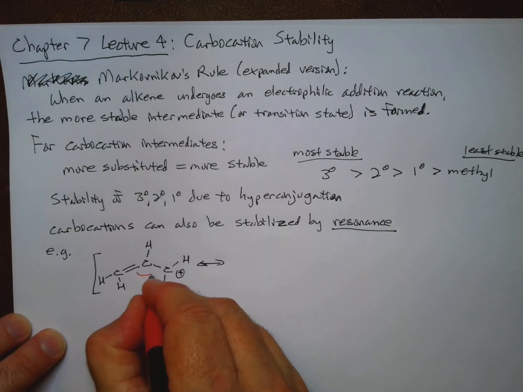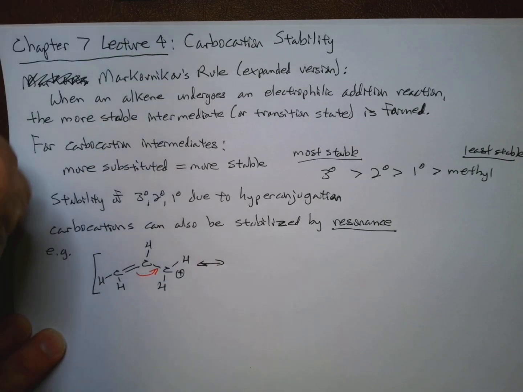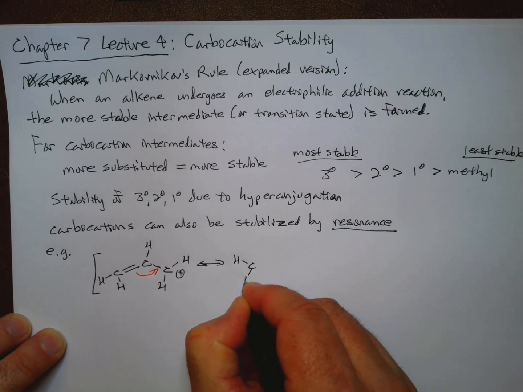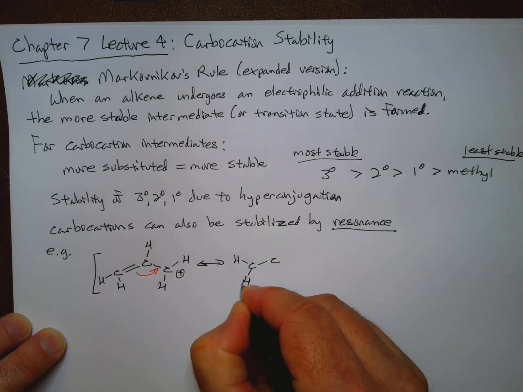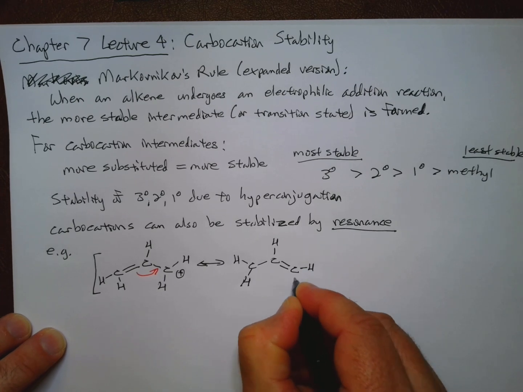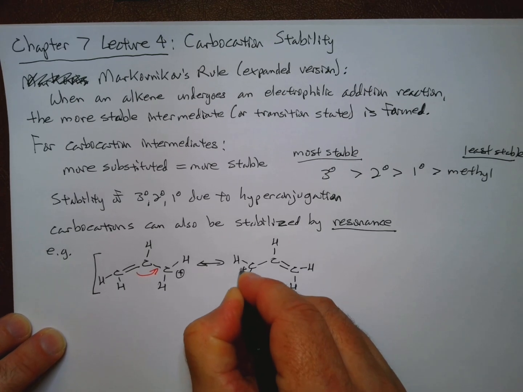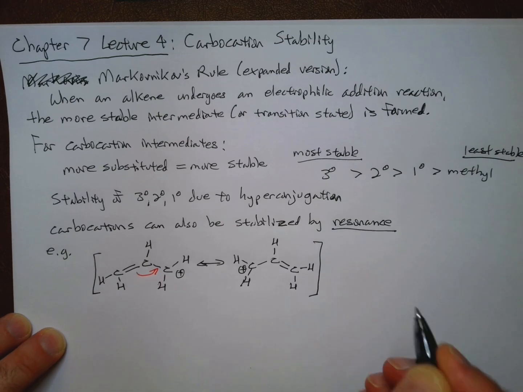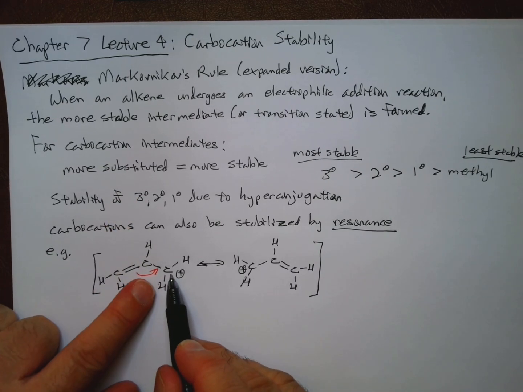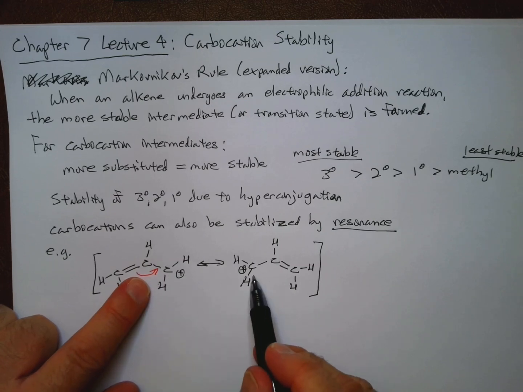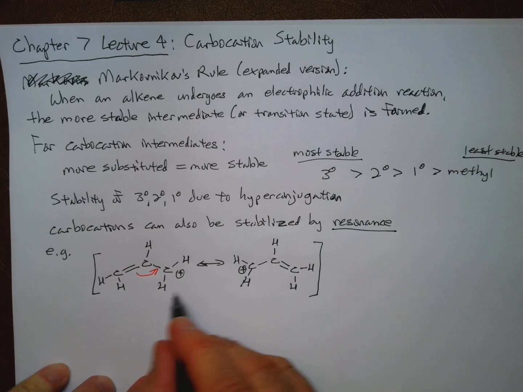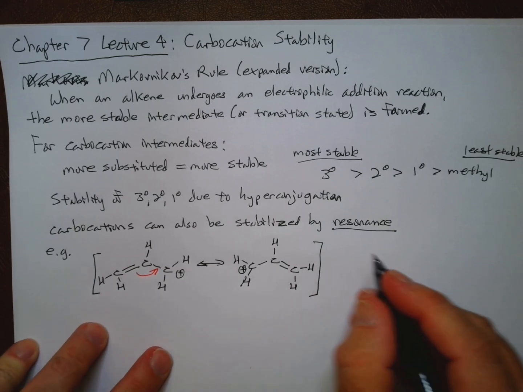I can push some electrons around to get my resonance structure: CH2, double bond, CH, CH2 with the plus over here. Initially this looks like a primary carbocation, but really it's resonance stabilized. The positive charge is delocalized over both ends of the molecule.